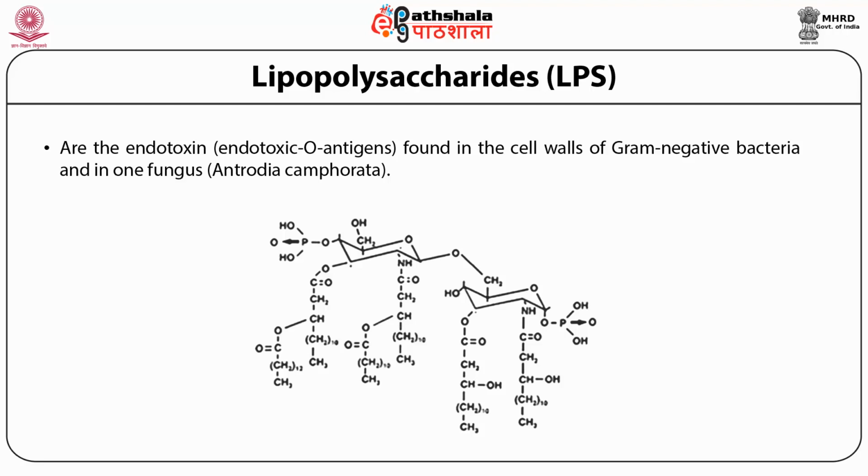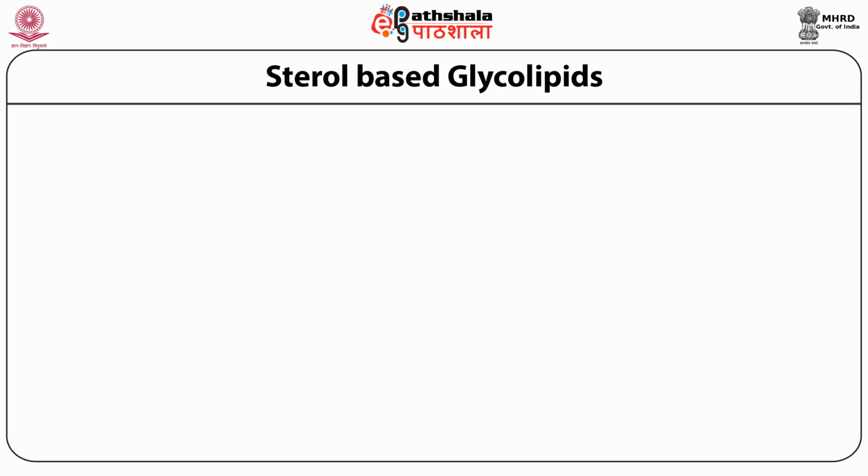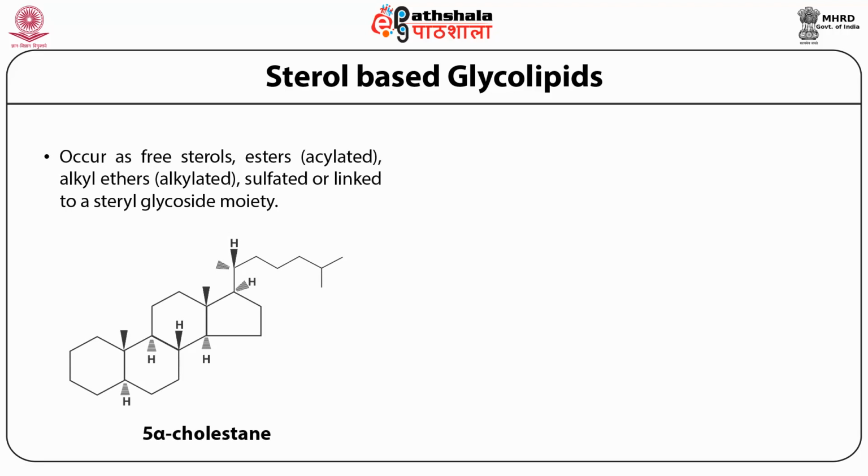In the same species, the lipopolysaccharide fatty acid profiles vary distinctively from the phospholipids. The sterol-based glycolipids occur as free sterols, the acylated form or the ester form, or the alkylated form or the alkyl ethers, sulfated form, or linked to a sterol glycoside moiety.